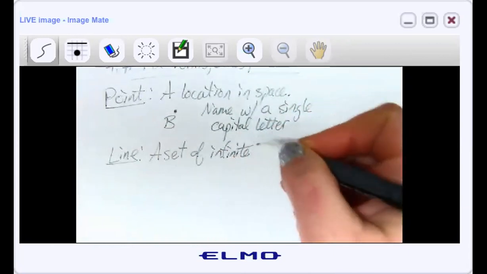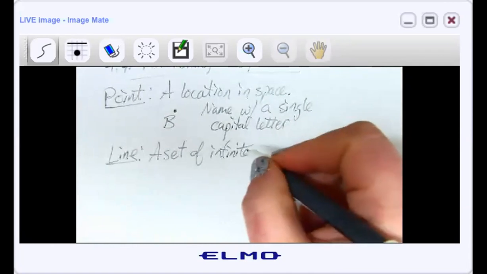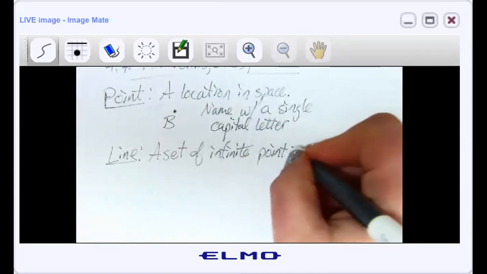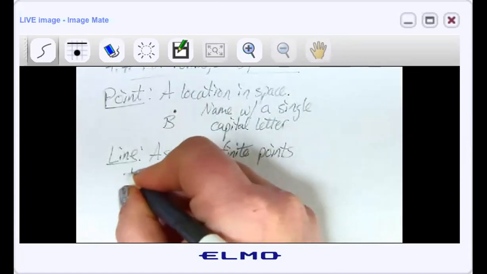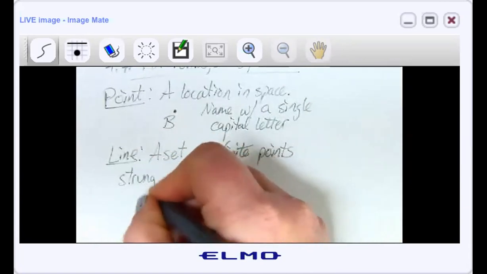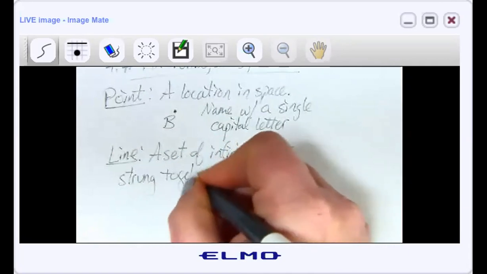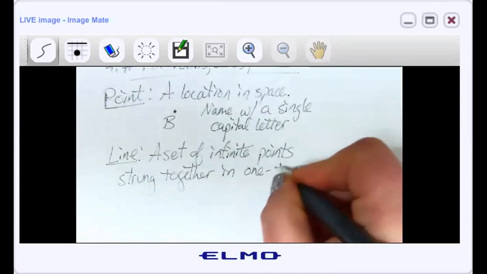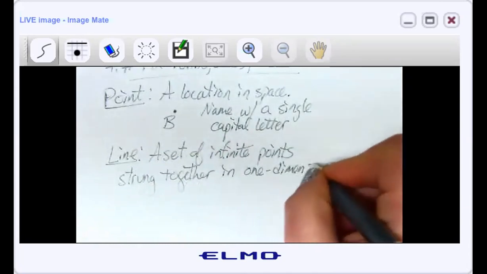So the key to a line is that it never ends because it's infinite, right? A set of infinite points strung together in one dimension. So this is fancy language for this.